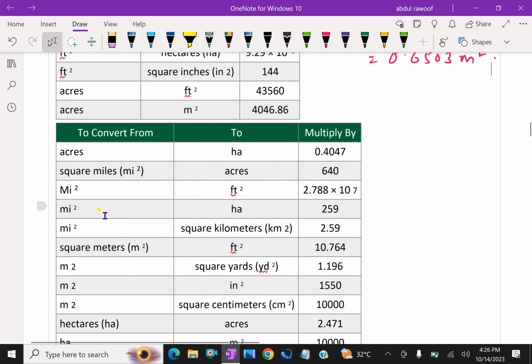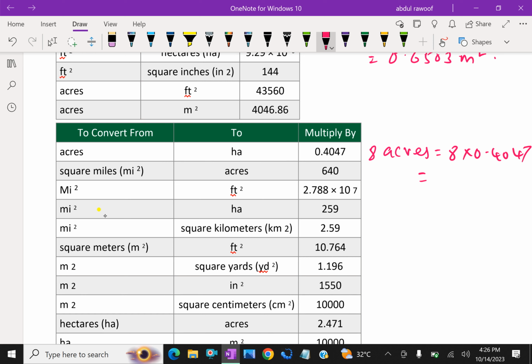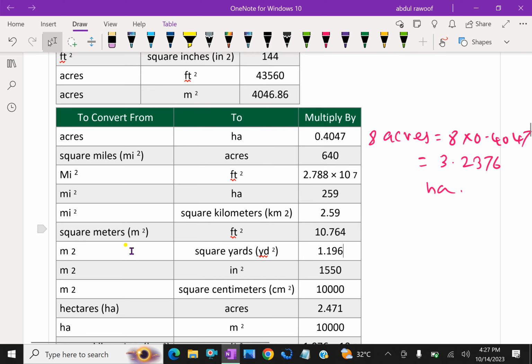Suppose 8 acres equals 8 into 0.4047, which equals 3.2376 hectare. Look at all these conversions, we can use similar ways.